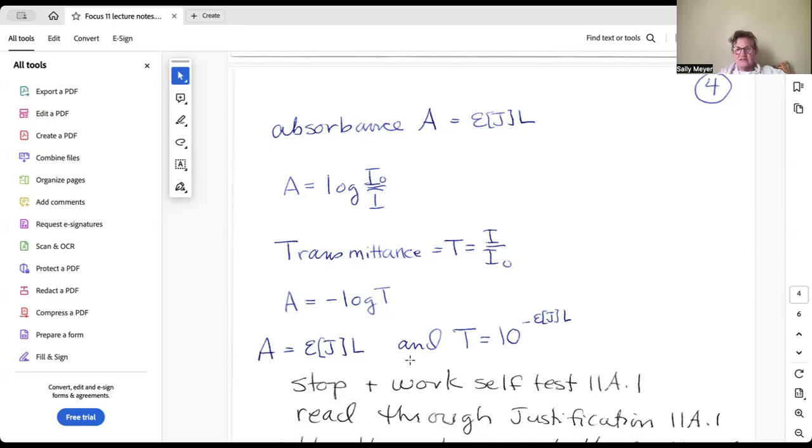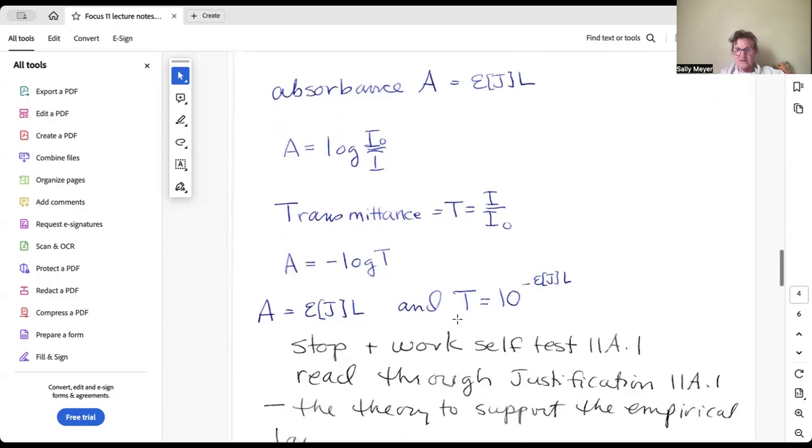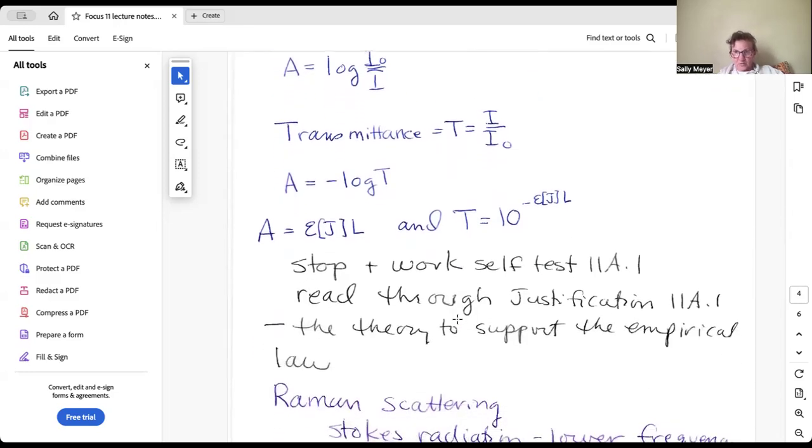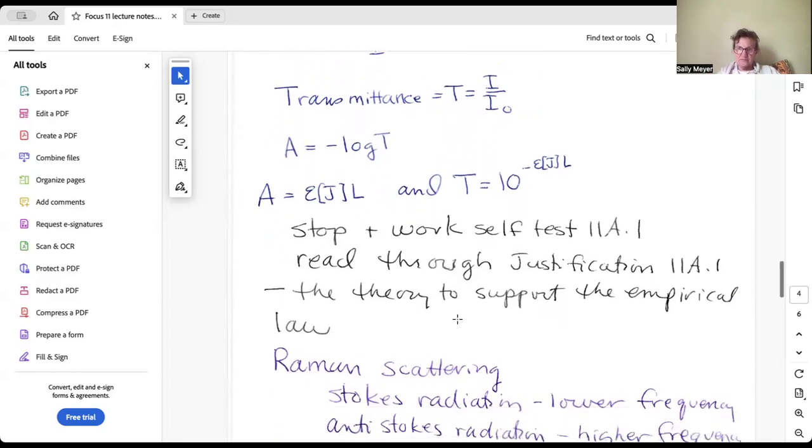These are just given from the equations above if you rearrange them. So stop and work self-test 11A.1 and then read through the justification. The justification just shows how the theory that comes from Einstein matches the physics of your empirical observations.